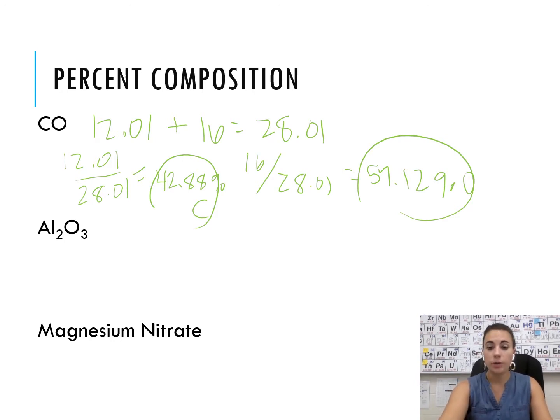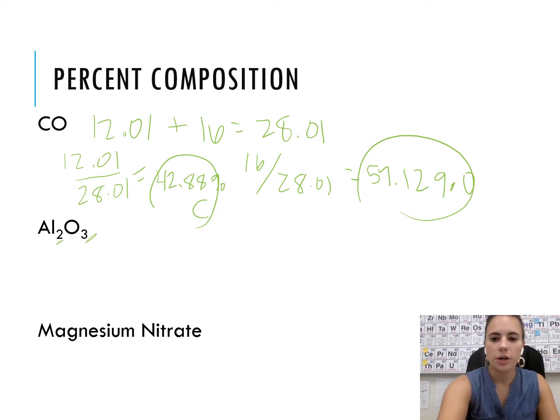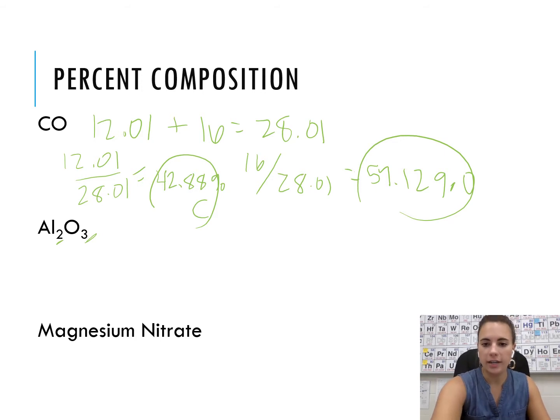Let's look at aluminum oxide. Now this time you got to be very careful because you have to take into account these subscripts. All of you are capable of finding molar mass. So the molar mass of aluminum oxide is 101.96. So now I'm not going to take the singular mass of aluminum, which is 26.98, and divide it by the total because there's two aluminums.